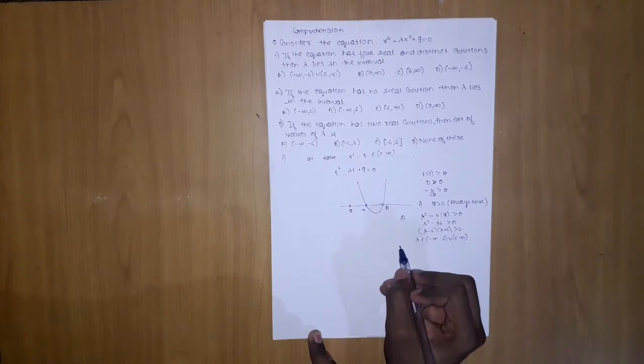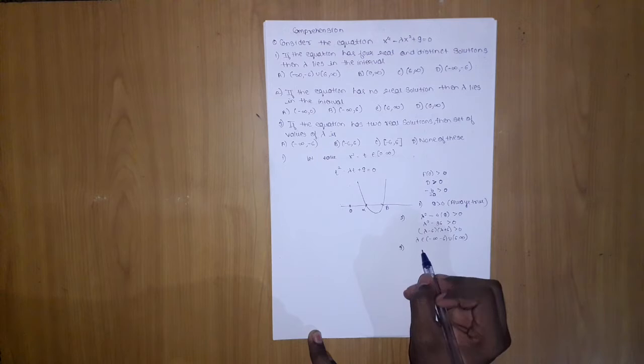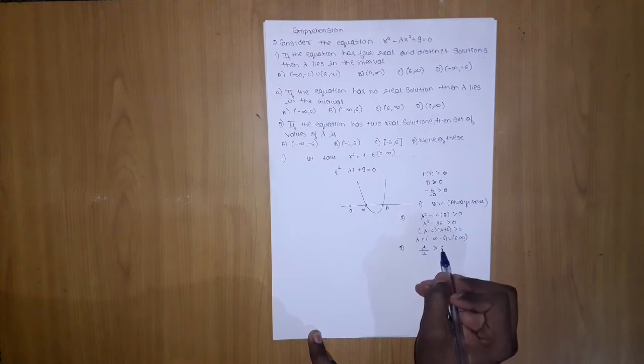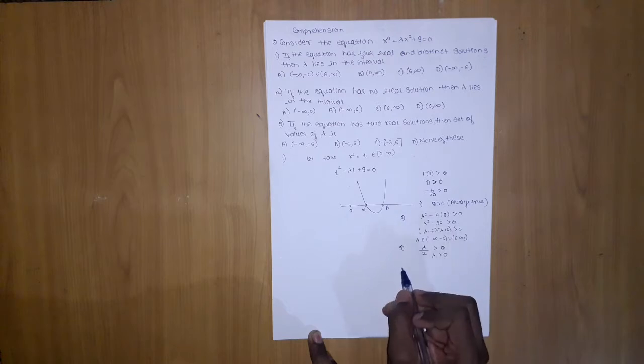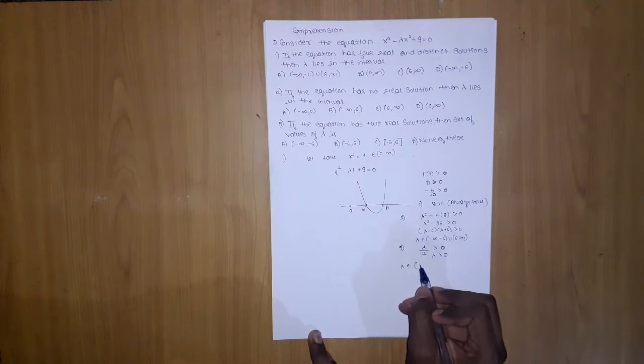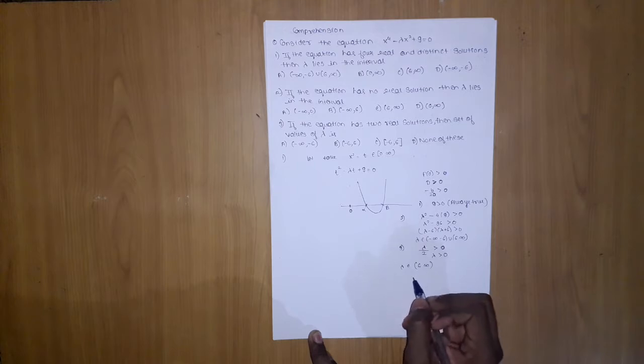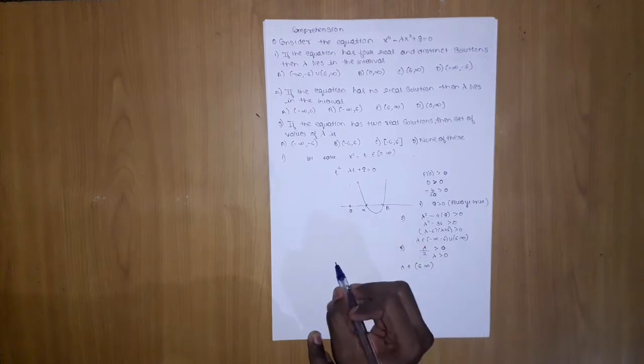Now the third part: lambda upon 2 should be greater than 0, so lambda should be greater than 0. If we take the intersection, lambda belongs from 6 to infinity. Okay, so C is the answer.